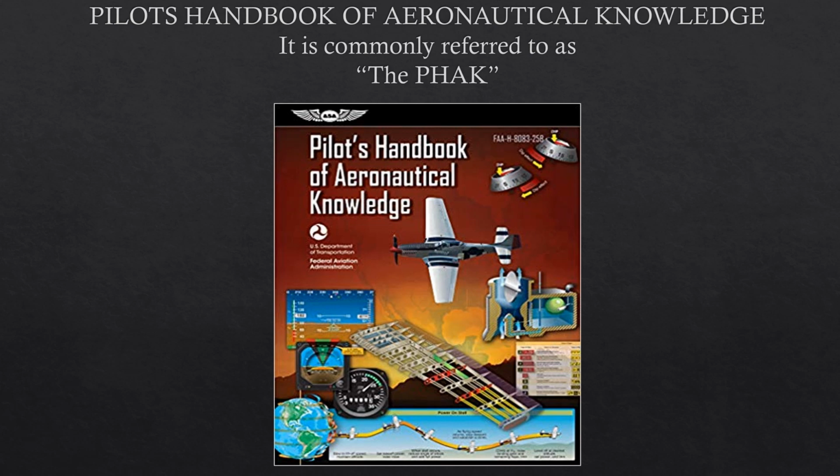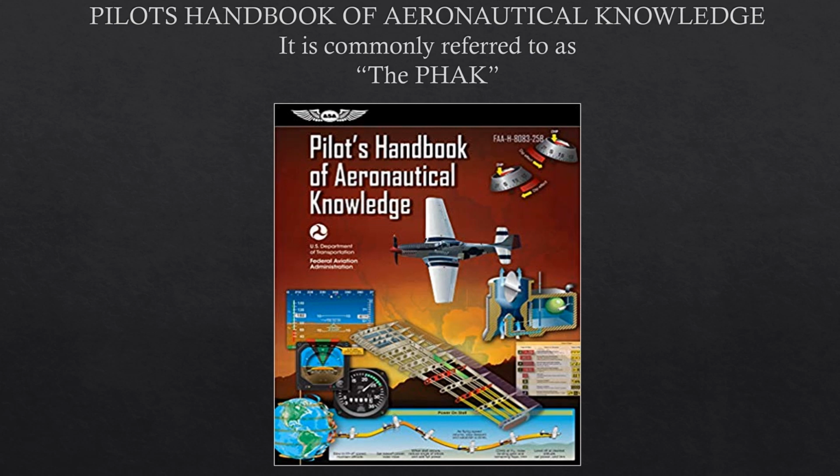Now this book is like an in-depth version of the quirks of aviation: what makes an airplane fly, how does an engine run, what is magnetic deviation, what is magnetic variation, how does GPS work, what is WAAS, what is RAIM, what is a VOR. All these things are covered in the Pilot's Handbook of Aeronautical Knowledge.